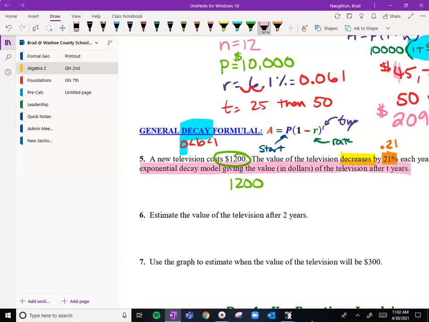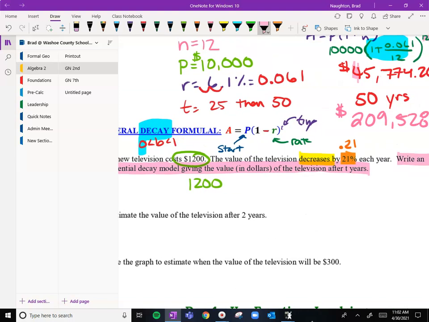So we'll go ahead and do 1,200 times (1 minus 0.21) to the T. So it's 1,200 times 0.79 to the T. And we got to double check: is that less than 1? Yes, it is. So it is decay.